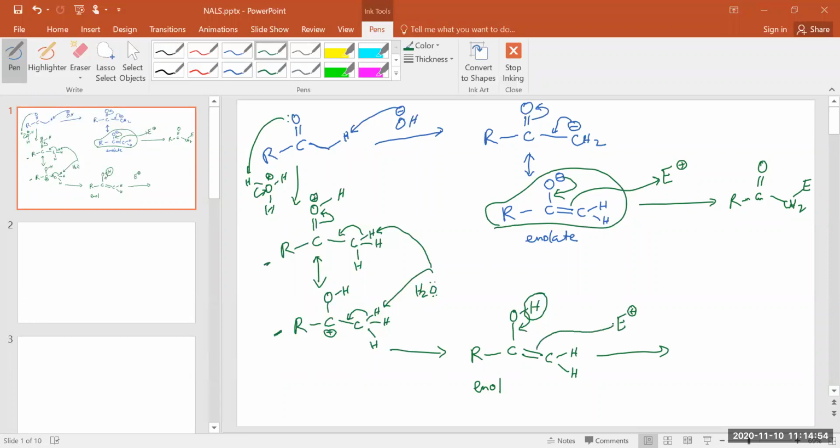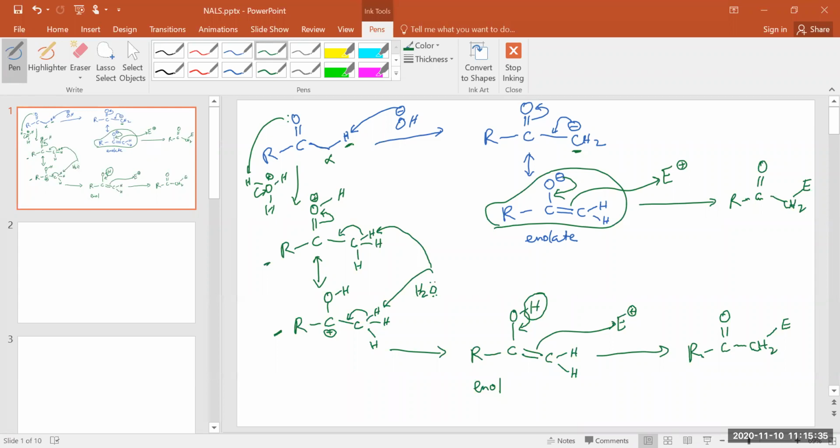This can come back and react with the electrophile and form CH2E. That's why this is called nucleophilic alpha substitution. This carbon is the alpha carbon adjacent to the functional group. It forms a carbanion that is a nucleophile, and this hydrogen is substituted. So this is a substitution reaction.